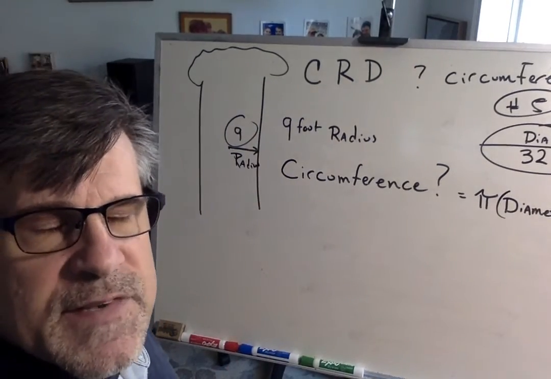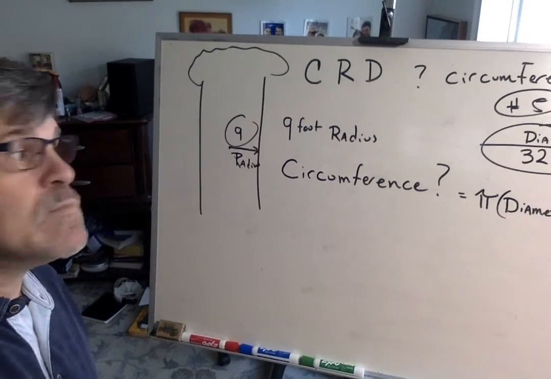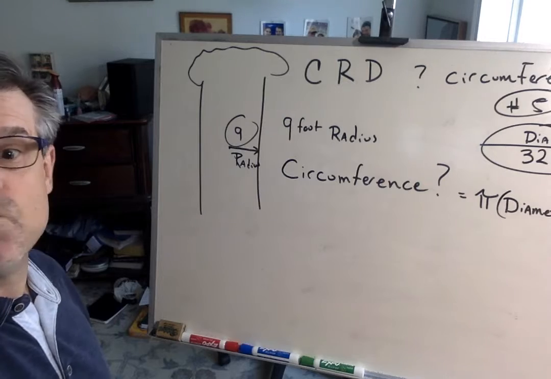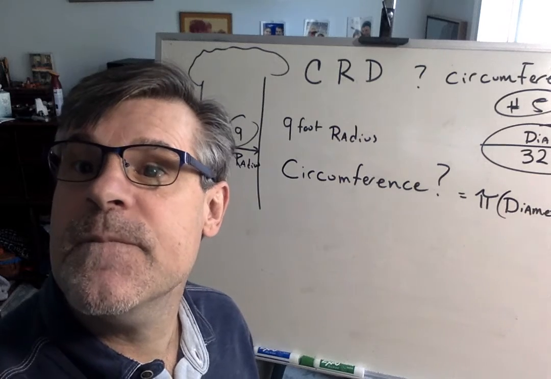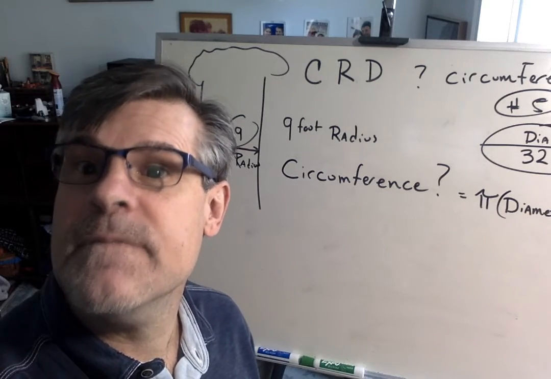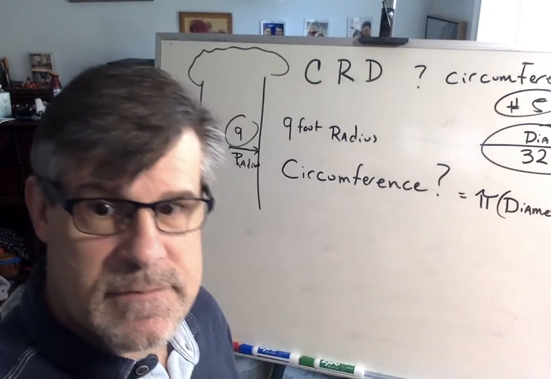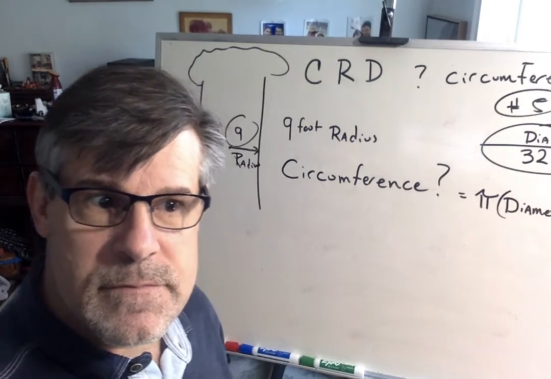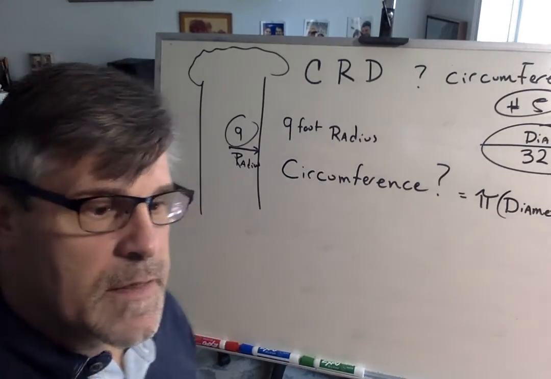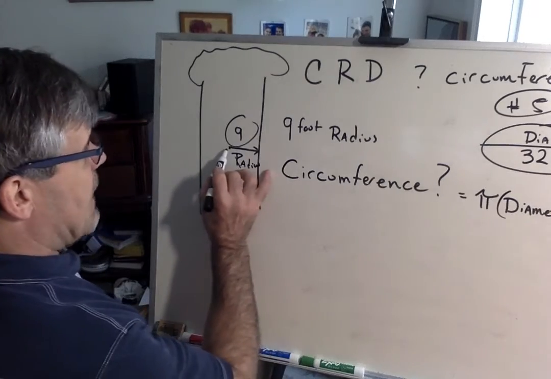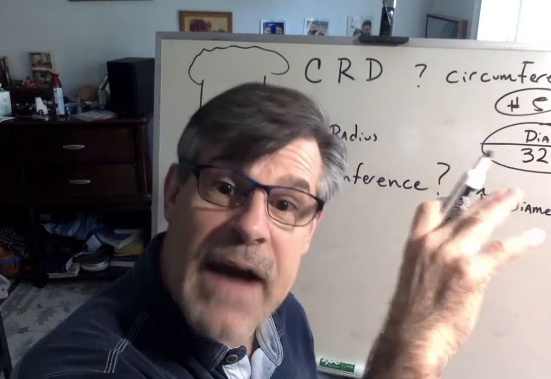If the radius is 9, Tamel, what's the diameter? The radius is just like this little kind of half of it, right? Radius is half diameter.